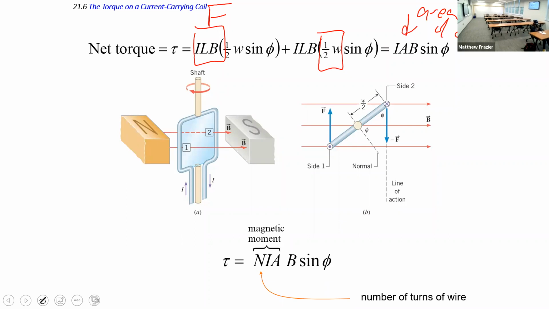And so that lets us identify this weird thing. So for a coil, there is what's called the magnetic moment, which is basically how easy is it to be influenced by a magnetic field. And it's based on the current in the coil and the number of turns. The more turns, the more coil you're affecting. And the area, a larger coil will deal with more magnetic field lines.